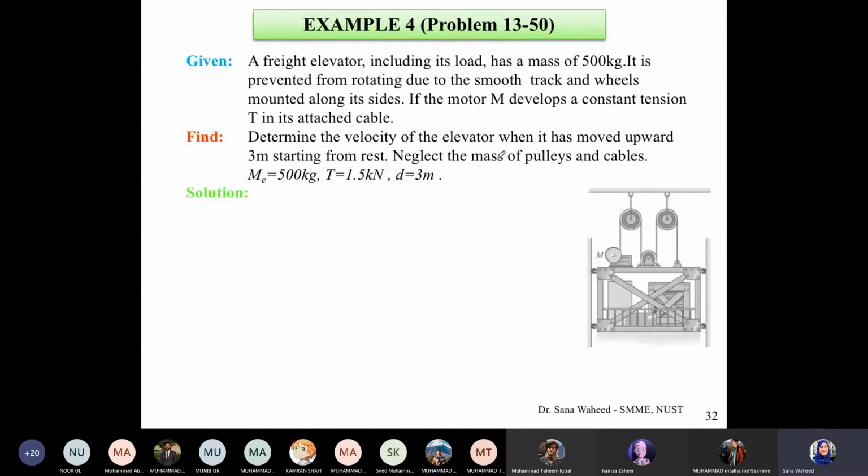Perfect. Okay, so please everyone start. Our procedure is the same as before. Coordinate system, inertial coordinate system, free body diagram, kinetic diagram, equation of motion, and then kinematic equations. These 5 steps. Okay, please start.